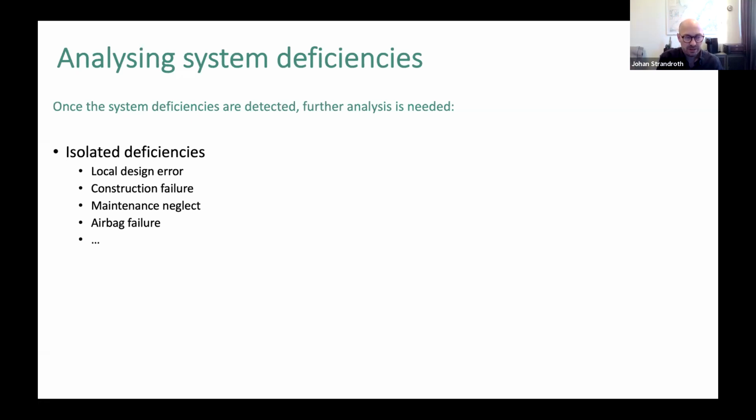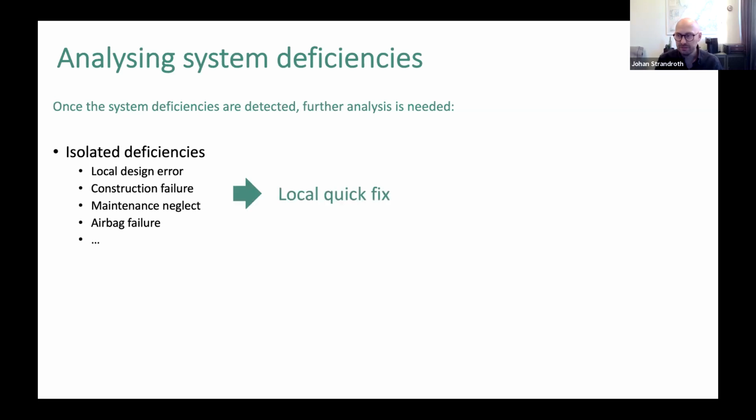If we suspect that it is, we might want to raise it, but normally it would be a local design error, a construction failure, maintenance neglect, or maybe vehicles as well, like an airbag failure, which gets us to a local quick fix.